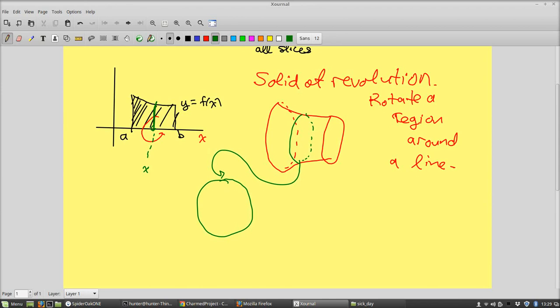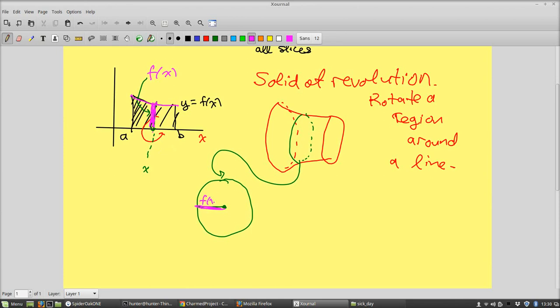Notice that this little magenta stick that I drew here is what becomes the radius of the circle. And what is that? That's f of x, because the distance from the x-axis to the curve is f of x. That's how graphs work.